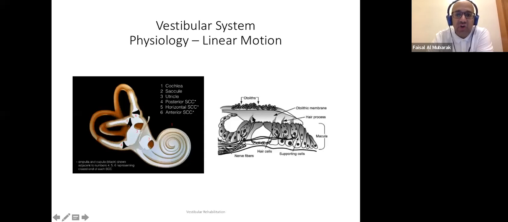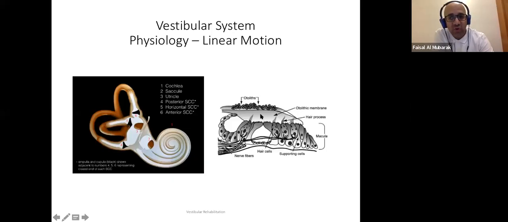All right. So here, gravity is the main thing in this part. So let's imagine that this patient is moving forward to this side, okay? If this patient is moving this way, the crystals here, because they have weight and there is gravity from the bottom, will push to this side and pull in the back.